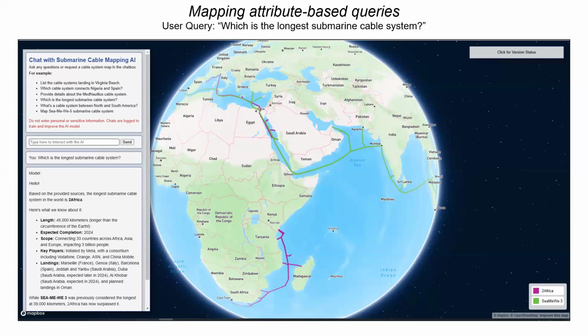The chat panel says that 2Africa, at 45,000 kilometers, is the longest one. But the system is also adding additional information: before that, the CMV3 cable system was considered the longest one at 39,000 kilometers, but now it is not.